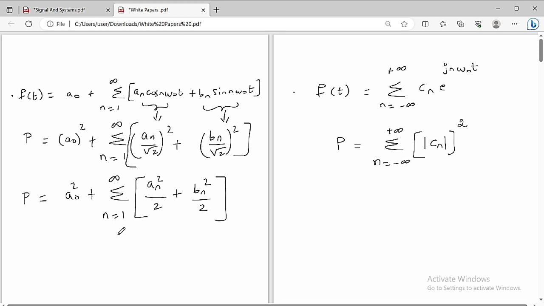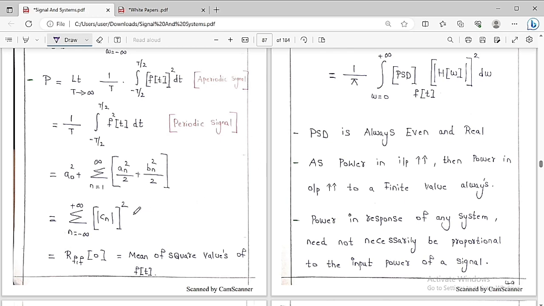The power in the trigonometric series is P equal to a0 square plus the sum from n equals 1 to infinity of an square by 2 plus bn square by 2, and the power in the exponential Fourier series is P equal to the sum from n equals minus infinity to plus infinity of mod of C of n whole square. These things you always have to keep in your mind.